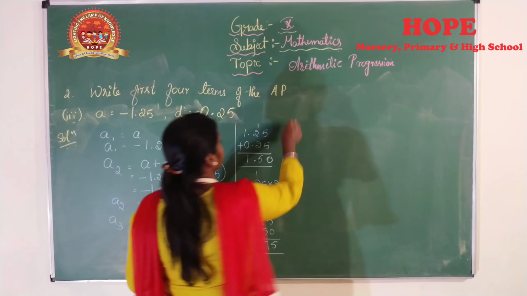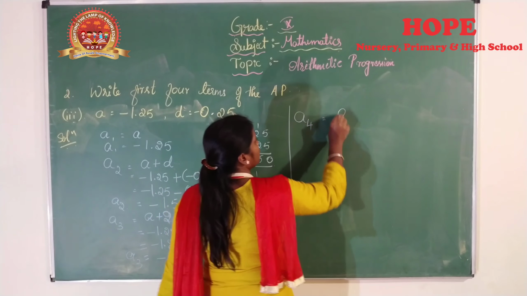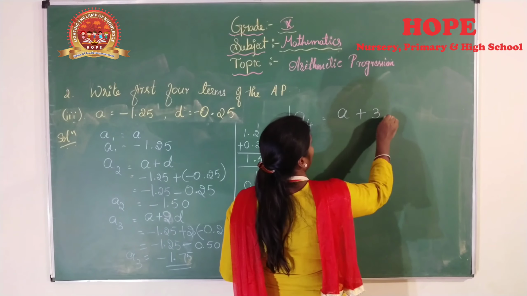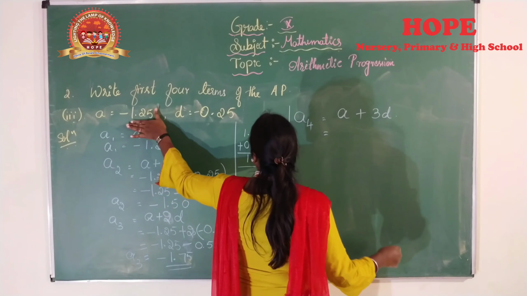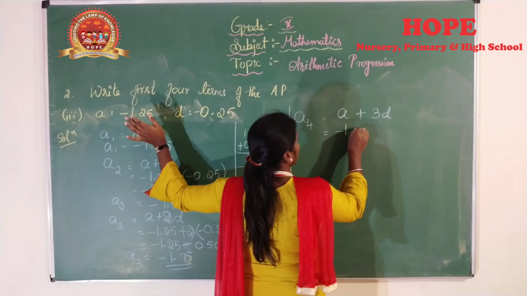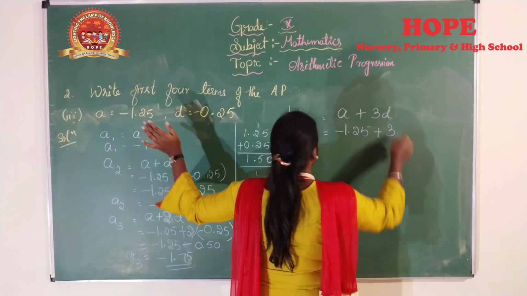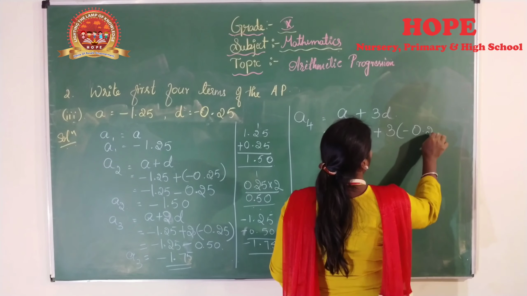The same way, we have to find out the fourth term, A4. A4 is equal to A plus 3D, A plus 3 into D. The value of A is minus 1.25, plus 3 as it is. The value of D is minus 0.25.